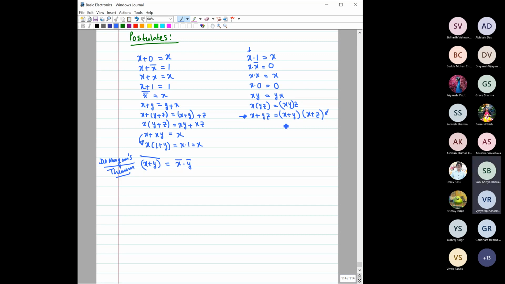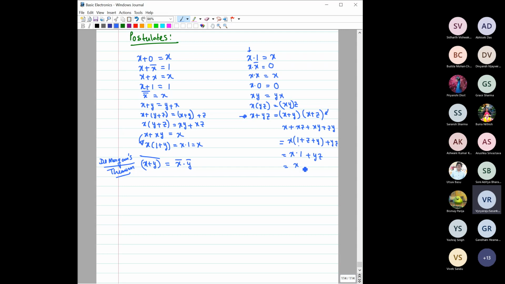You multiply (x plus y) and (x plus z). Using the distributive law, x dot x becomes x, then xz, xy, and zy. Then take x common, so x times (1 plus z plus y), and 1 plus anything becomes 1.